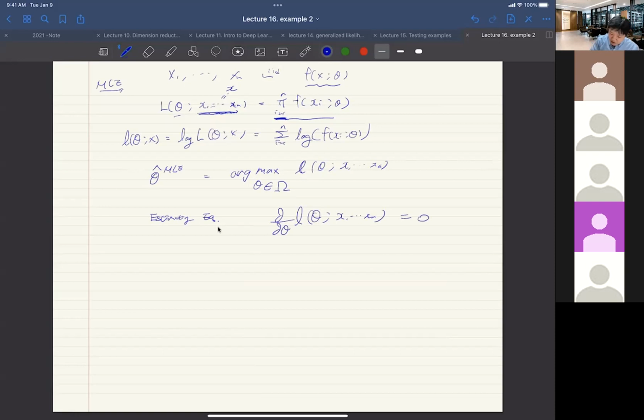That will be your estimate, and it should be of a form like that. This will be our theta hat MLE, the maximizer of L of theta. Which means you need to check that your second derivative is negative for all parameters in the parameter space.